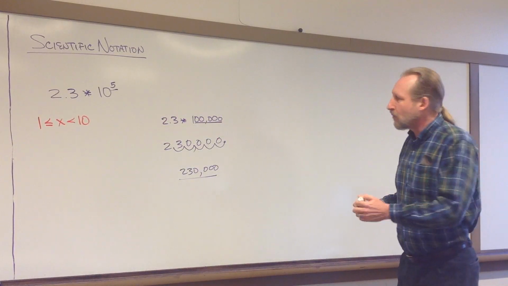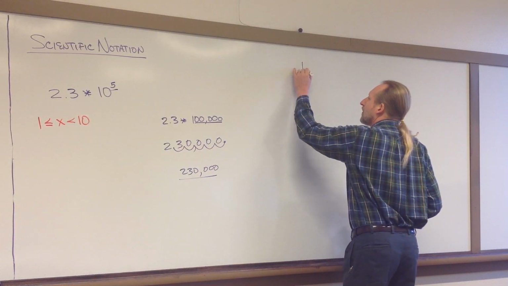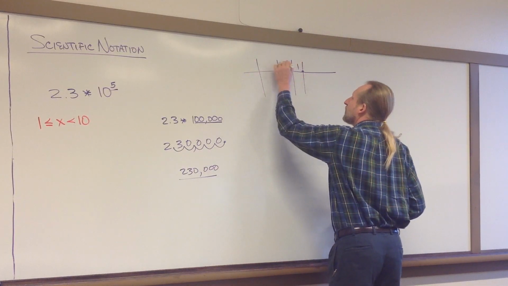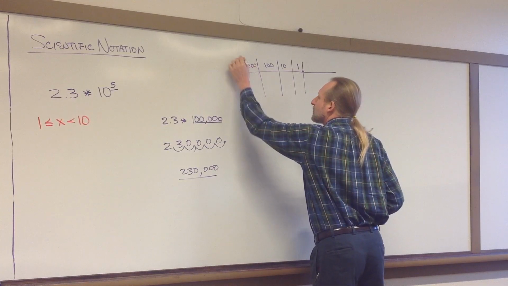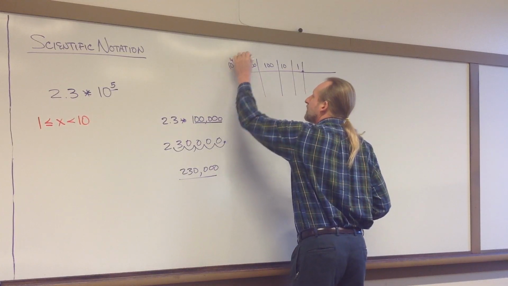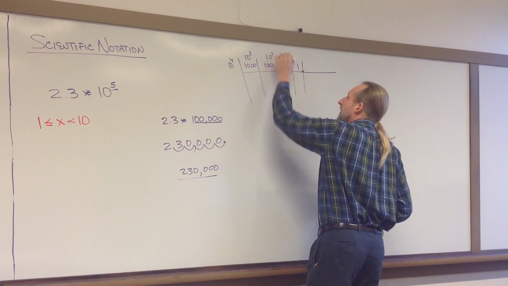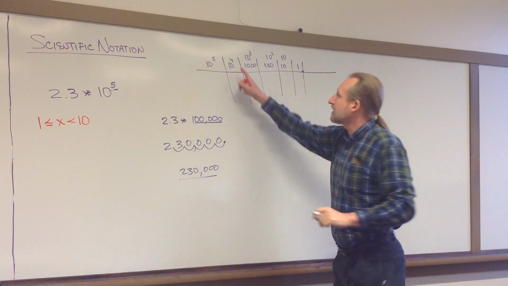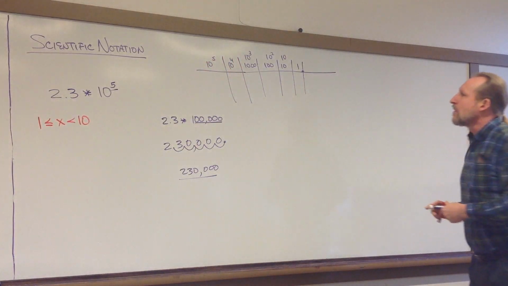Okay, so this all, of course, goes back to our place value system. You've got the 1's place, the 10's place, the 100's place, and so on. And at some point, it just makes more sense to write powers of 10 than it does to write out these really big numbers. Okay, here's the 10,000s, the 100,000s, and so on.